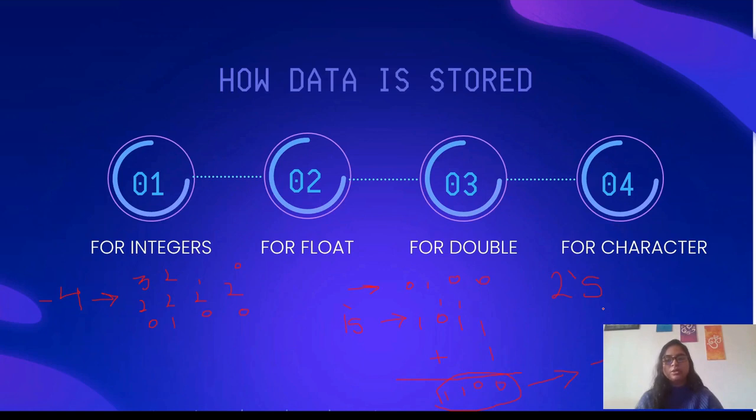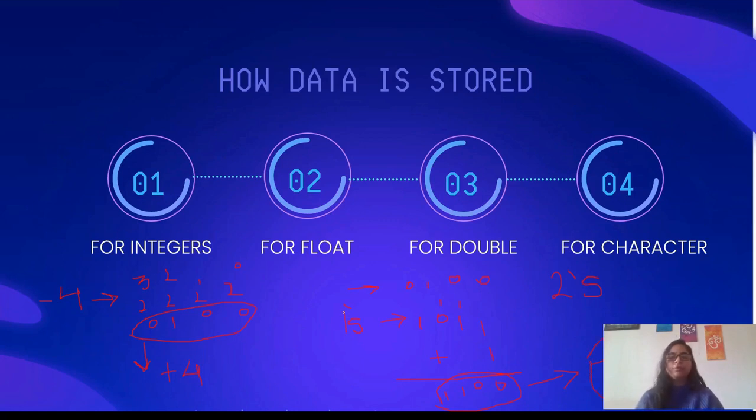This is how it is stored. This is how we store negative numbers. For positive numbers, we simply store this part, the binary representation of plus 4, and this is how we can store minus 4 as data.